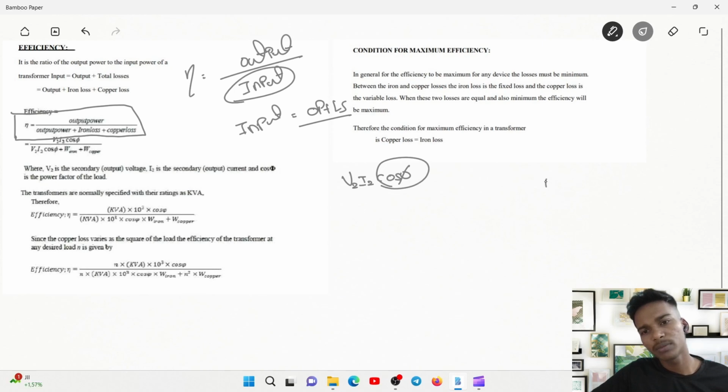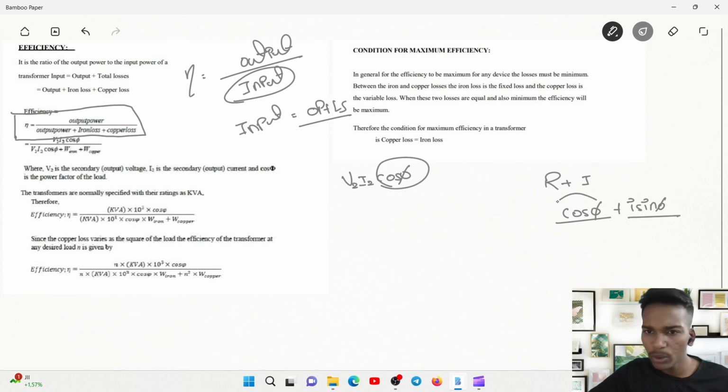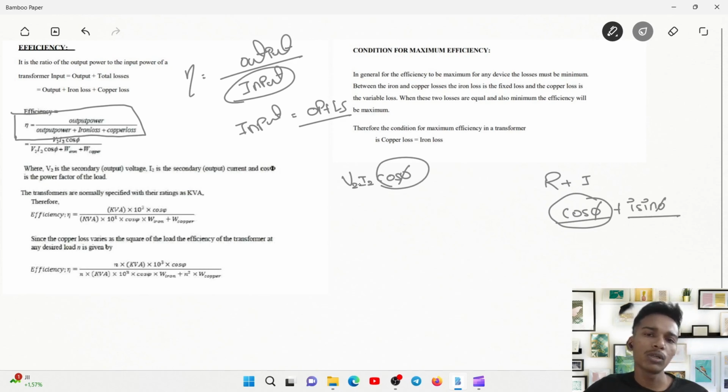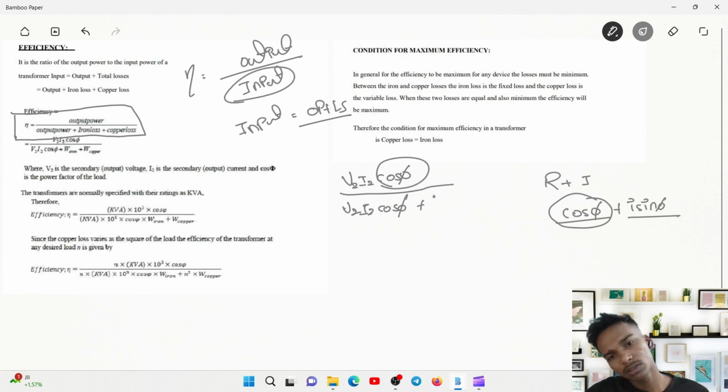A complex number can be represented in cos and sine functions: cos phi plus j sin phi, where cos phi is the real part and j sin phi is the imaginary part. We are going to consider only the real part, which is cos phi, for real world scenarios. So efficiency is V2 I2 cos phi by V2 I2 cos phi plus losses.